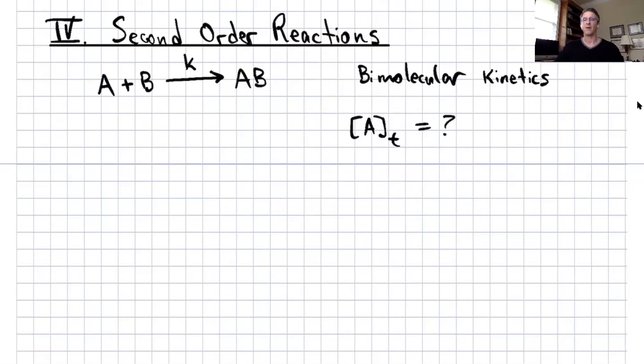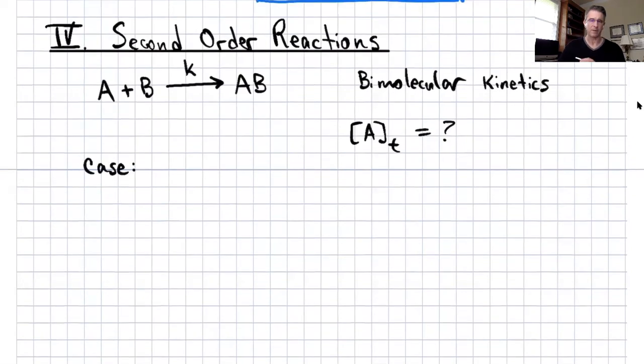Now, it turns out there are two ways to think about a process like this. In one case, you can think about a bimolecular reaction under conditions where the two things are the same, say a simple dimerization reaction, where the reactants are the same.